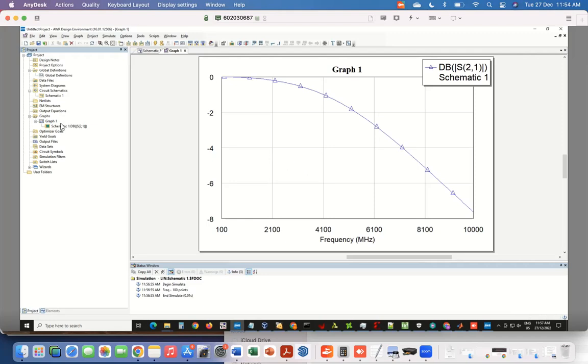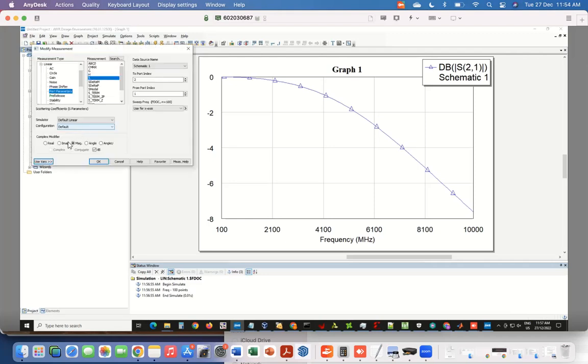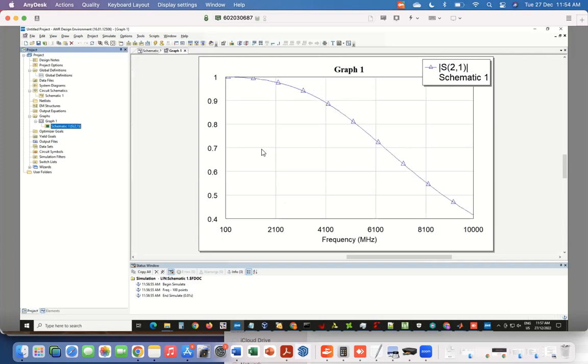This is in dB units. Let me plot it in linear units. So you have unity transmission. I'm plotting S21 mod, right? So you have unity magnitude transmission at very low frequencies, and then it falls off.